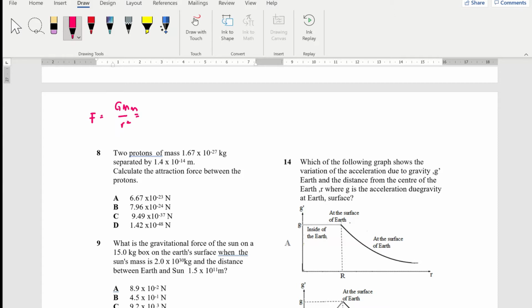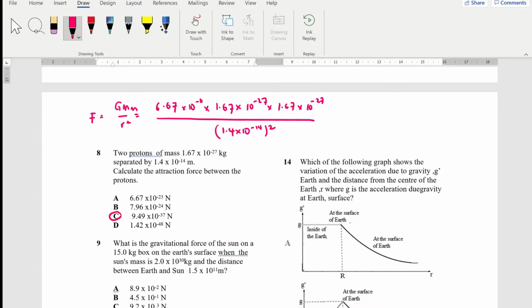Tapi sebab kita punya ni tutorial je, boleh je buka modul kat depan tu, dah nampak lah. Tu value untuk G 6.67 times 10 to the power of -11. 1.6 ni mass for the proton. Proton first, proton second proton, then divided by dia jarak dia lah. Okay, so tekan calculator, kita akan dapat jawapan.